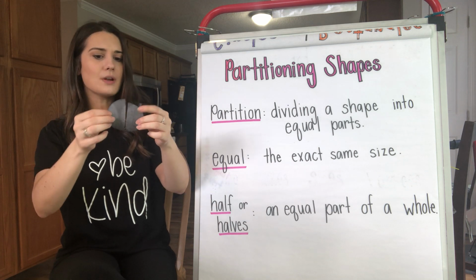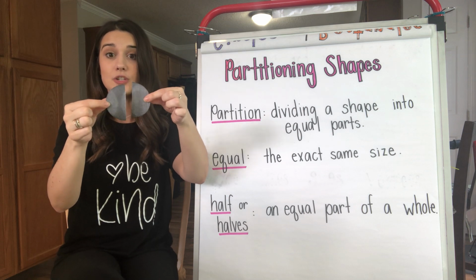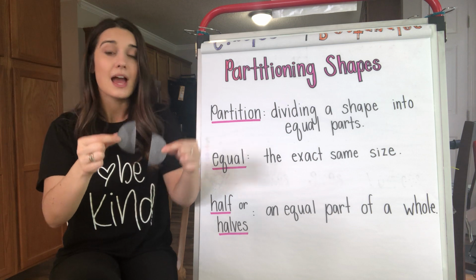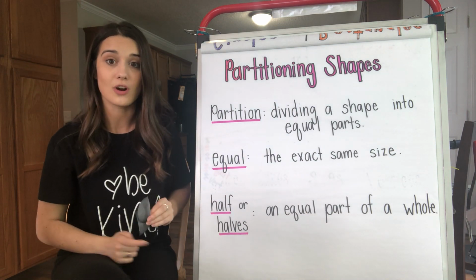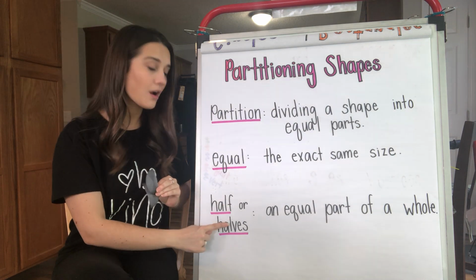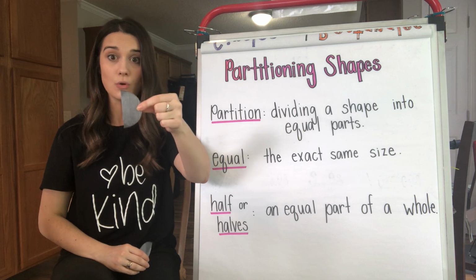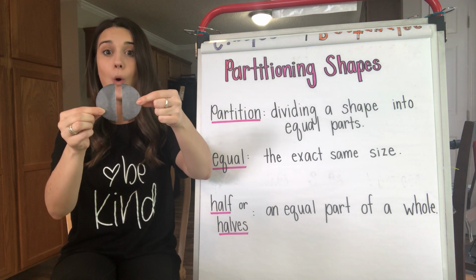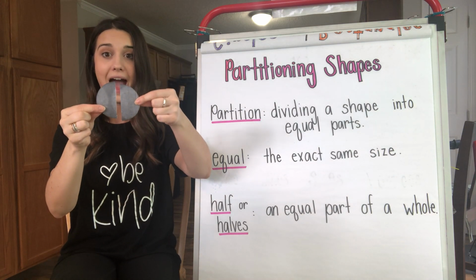Now, I want to talk about what word we could use to describe these two pieces of our circle. We already know they're equal. Another word we could use, and these words are right here on our chart, half or halves. So this piece is half of our whole circle. Now we have two halves of our whole circle. So we have one half and a second half. So we have two halves.